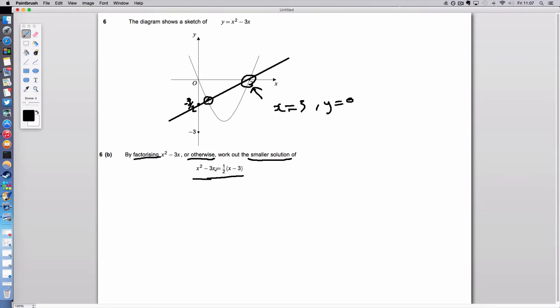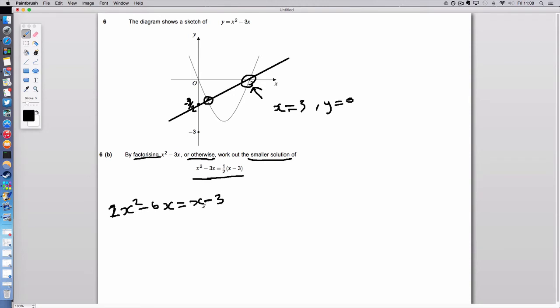In order to find what the x value is, we need to form a quadratic equation, okay? So I'll start off by multiplying both sides by 2, giving us 2x squared minus 6x is equal to x minus 3.